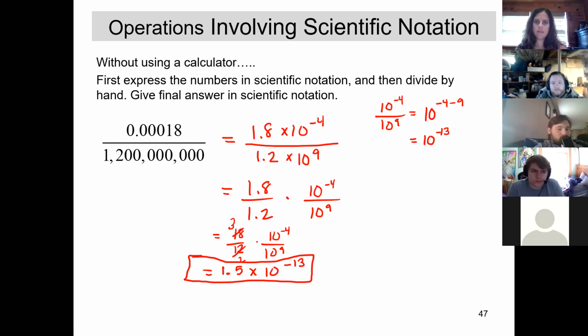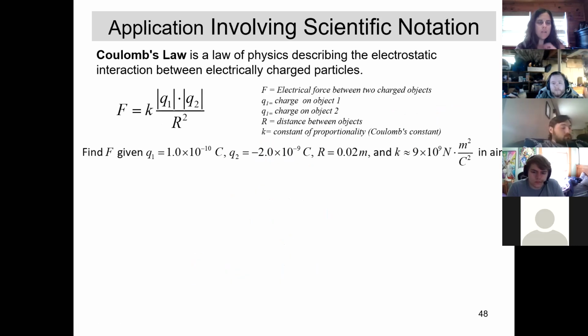Okay, let's do another example. Coulomb's law is a law of physics describing the electrostatic interaction between electrically charged particles. I'm not asking you to understand that or even know this law, but you can find that there are variables in there and you can plug in. That's the beauty.